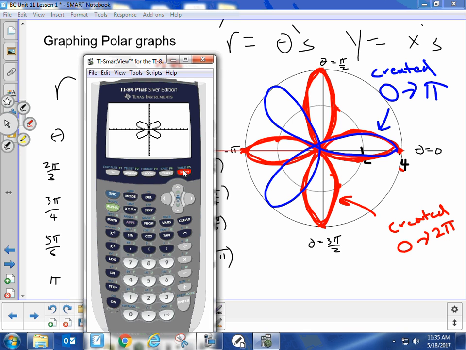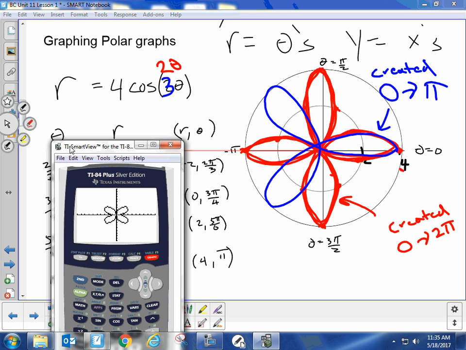Why? Mr. Johnson, idea? Because sine values are different than cos values. Yes, exactly, like the cosine and sine graphs are shifted. Give me an easy way to understand why the petals of cosine are on my axes, whereas the petals of sine are not.